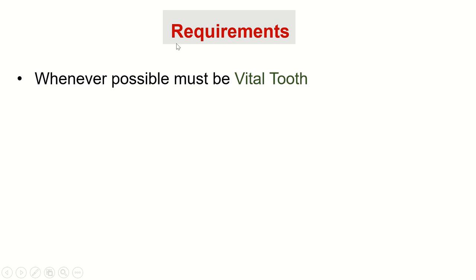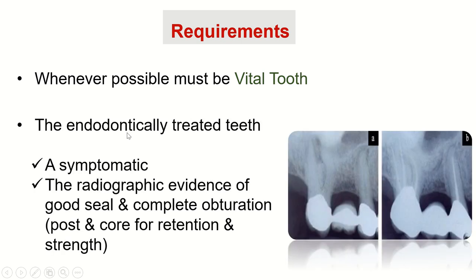The requirements for an ideal abutment tooth for a fixed bridge: firstly, it should be a vital tooth. Whenever it is vital, it will be the best, receiving an ideal tooth preparation and able to carry or support the fixed bridge. If they are non-vital, they must be endodontically treated teeth.